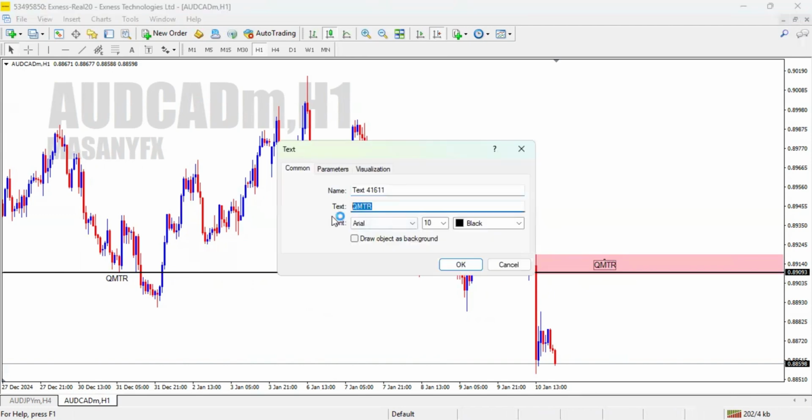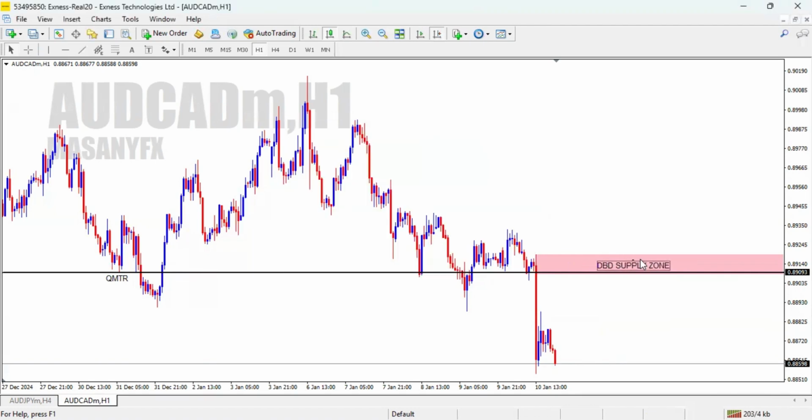This is a drop base drop supply zone, that we have here.